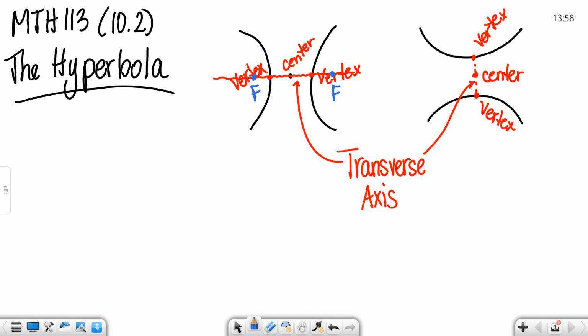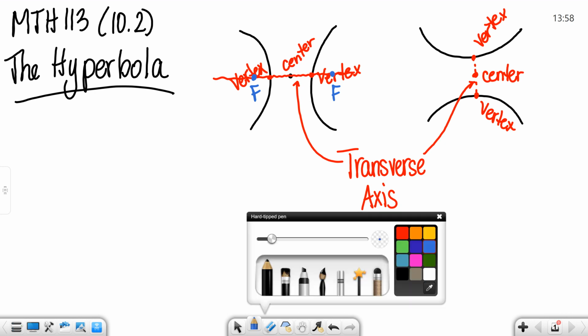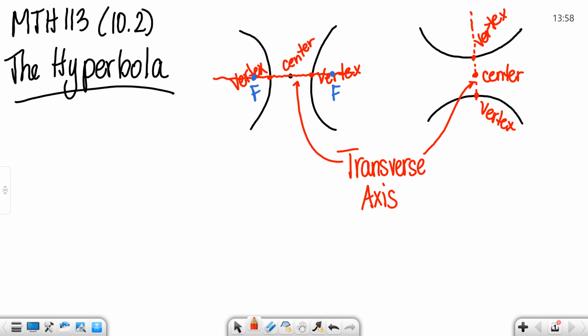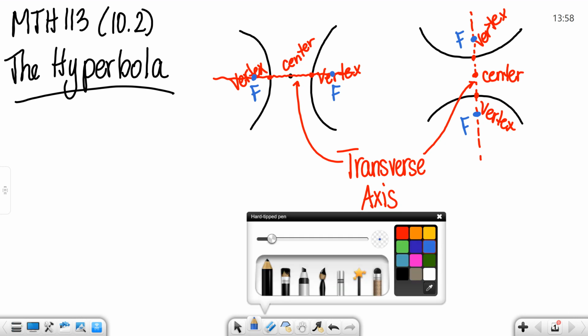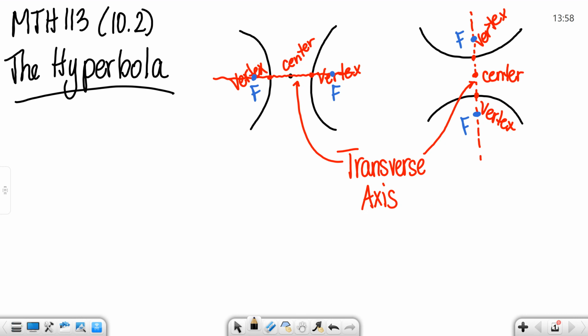Okay, this time it's going to be away from the center. So inside the curves is where your foci will be located. So this transverse axis, if I extend it on out, my foci lie somewhere inside the curve, okay? So we still have foci.